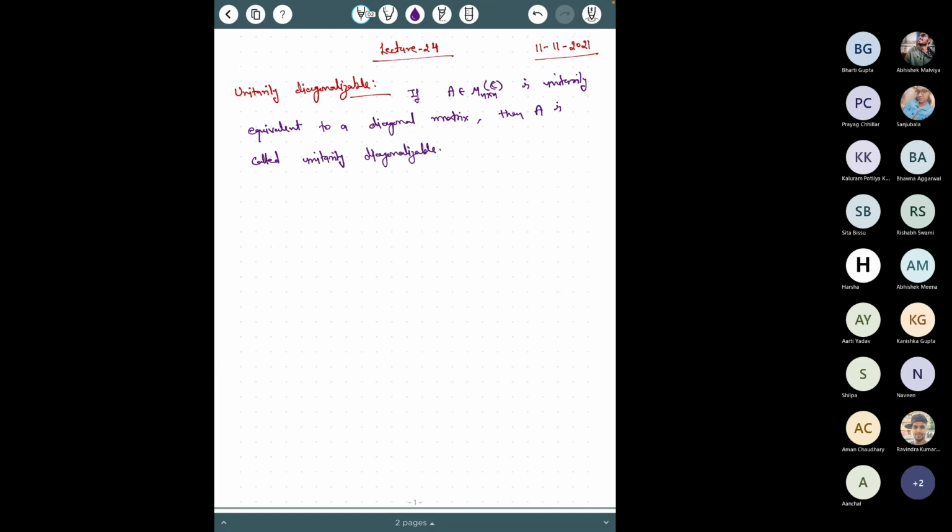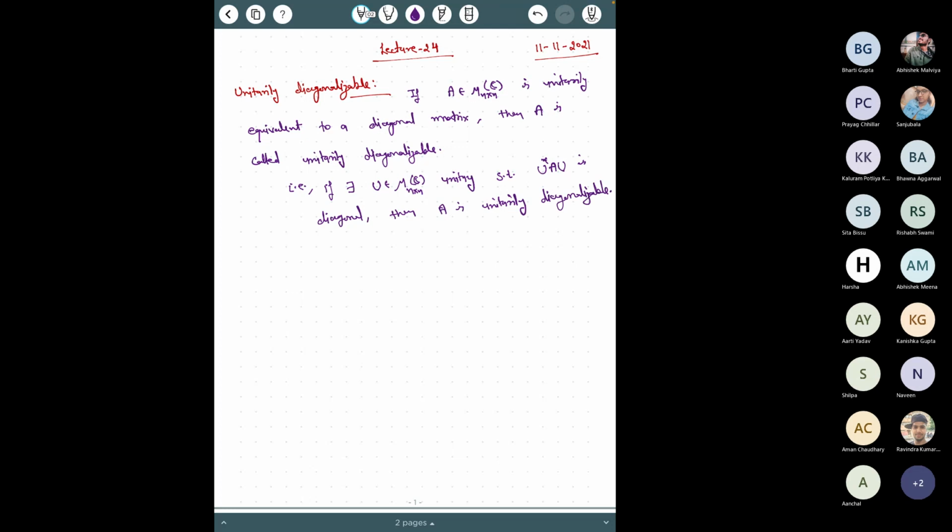Another way to say it: if there exists a unitary U of the same size such that U star AU is diagonal, then A is unitarily diagonalizable.